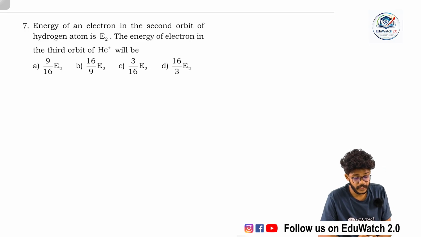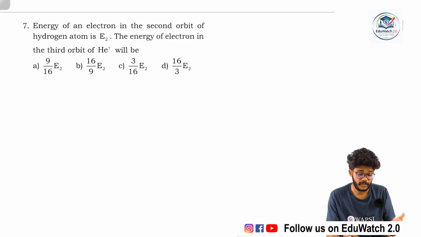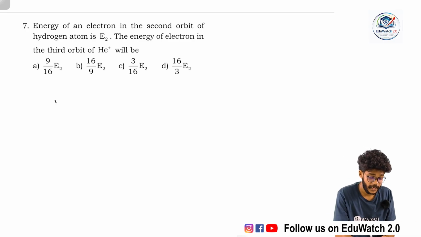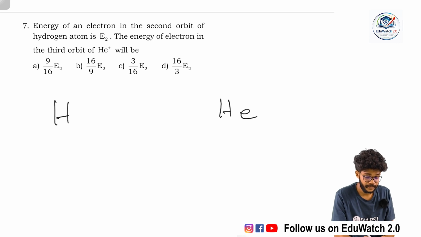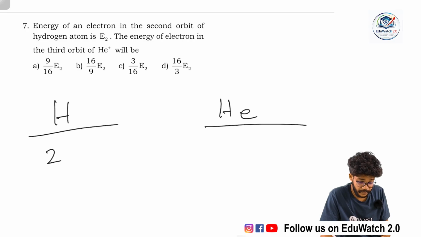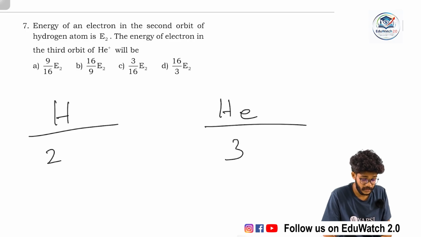The energy of an electron in the second orbit of a hydrogen atom is E2. The energy of an electron in the third orbit of helium plus. So for hydrogen the orbit is second, and for helium the orbit is third.